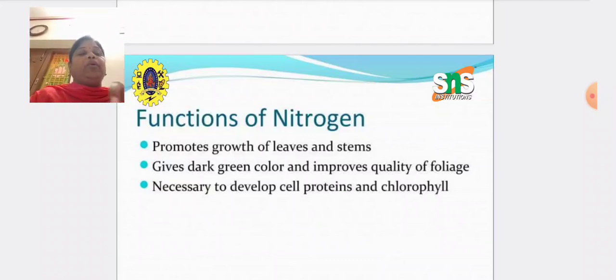If the plant is dark in color, it necessarily has high nitrogen content. These are the functions of nitrogen.